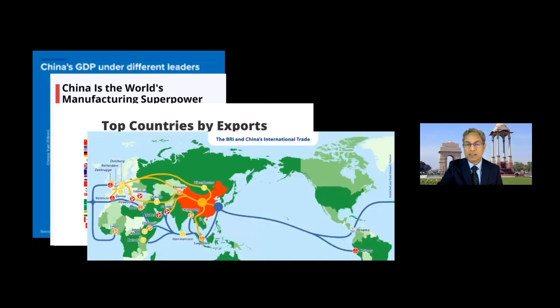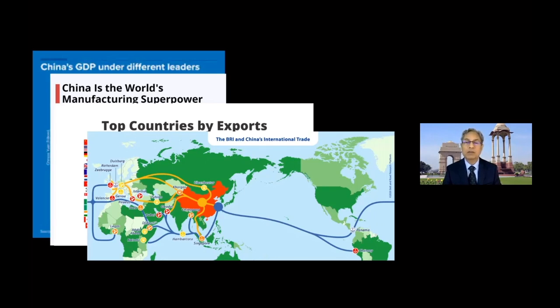But it is interesting to note that China has moved from exports to also now investments. So China is focusing also much more on investing, and it has started from 2013 onwards something called the Belt and Road Initiative. Yidailu, the Chinese call it. In English now they call it Belt and Road Initiative, but in Chinese they still call it Yidailu.